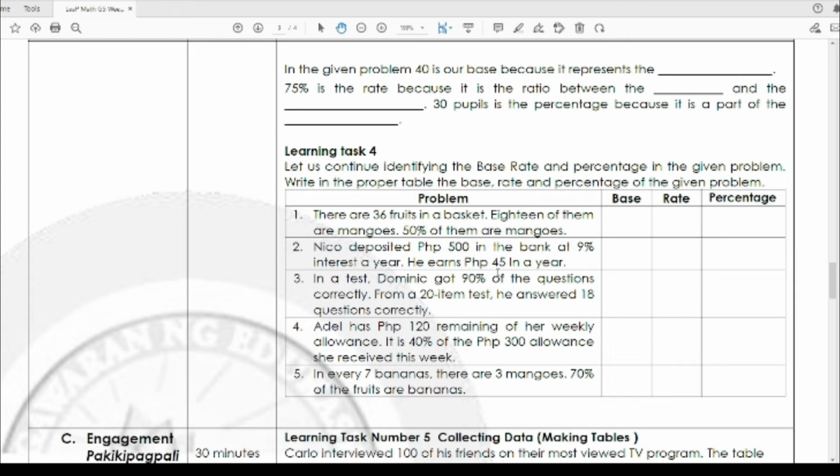He earned 45 pesos in a year. Number 3. In a test, Dominic got 90% of the questions correctly. From a 20-item test, he answered 18 questions correctly.